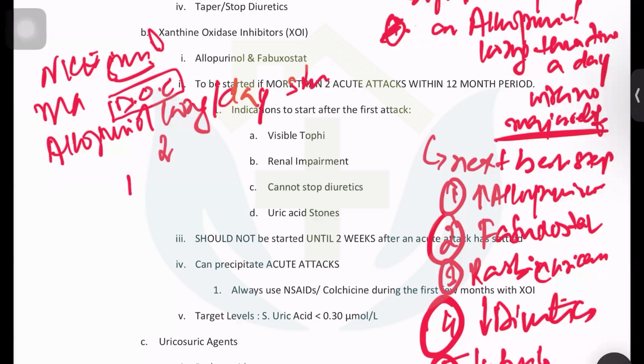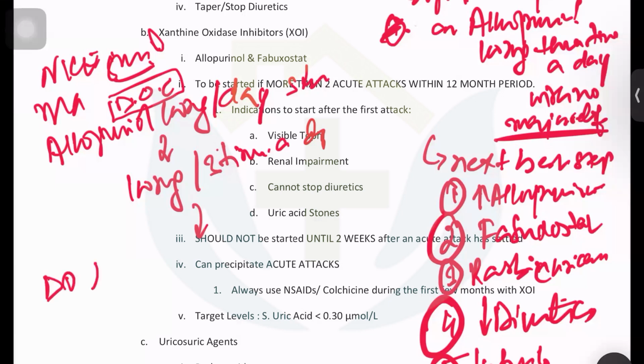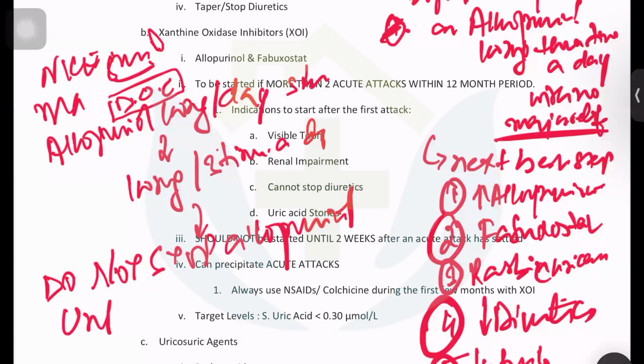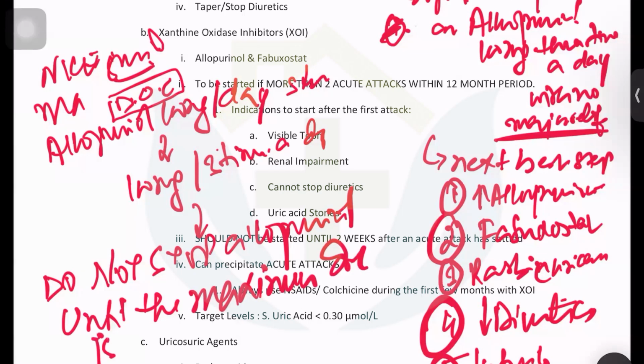You go up to 100 milligram 3 times a day. The patient is already on 100 milligram 3 times a day. The next guideline is do not stop allopurinol until the maximum dose is achieved. What is the maximum dose?